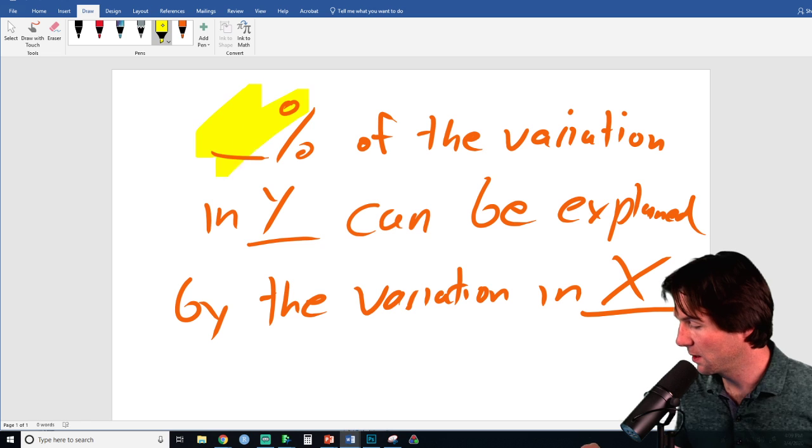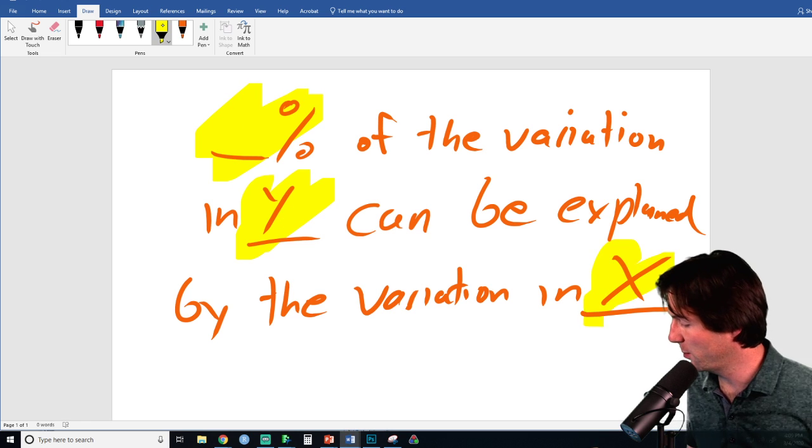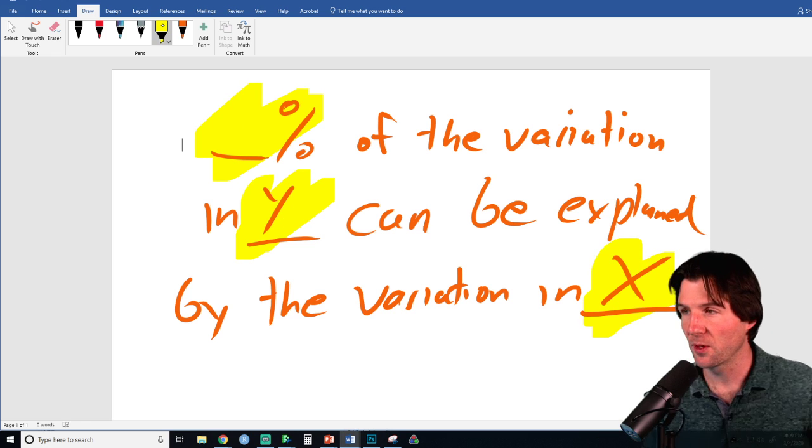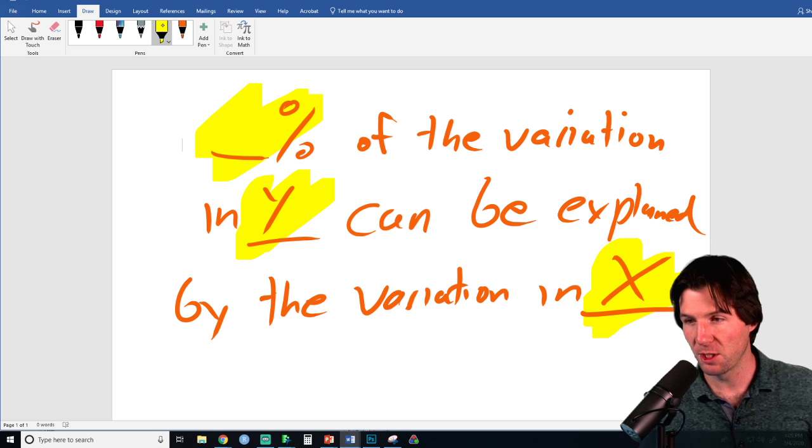And very important, there's your R squared, there's your Y variable, there's your X variable, and that's how we interpret it. Blank percent of the variation in Y can be explained by the variation in X.